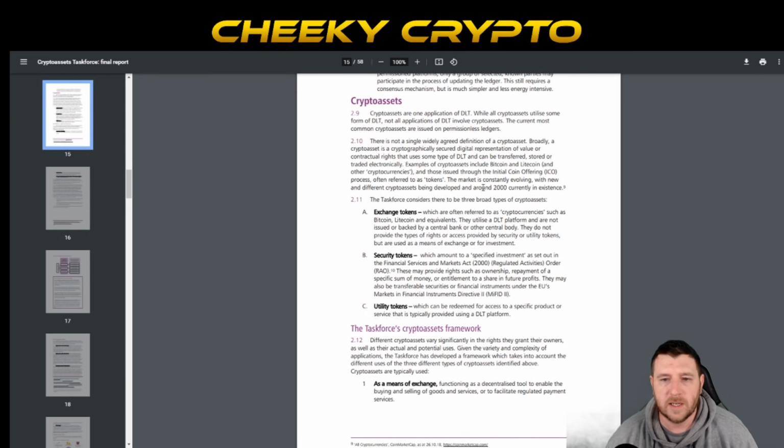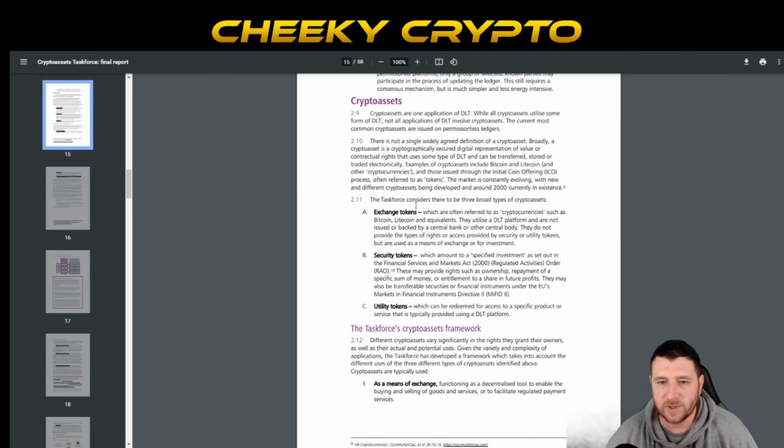The market is consistently evolving, with new and different crypto assets being developed, and around 2,000 currently in existence. So this is from like 2019. There isn't an updated version. This is most up to date when it comes to the FCA, and there's another 8,000 plus on top from when this was written, right? There was 2,000 when this was written. There's now over 10,000. So let's move on to 2.11.